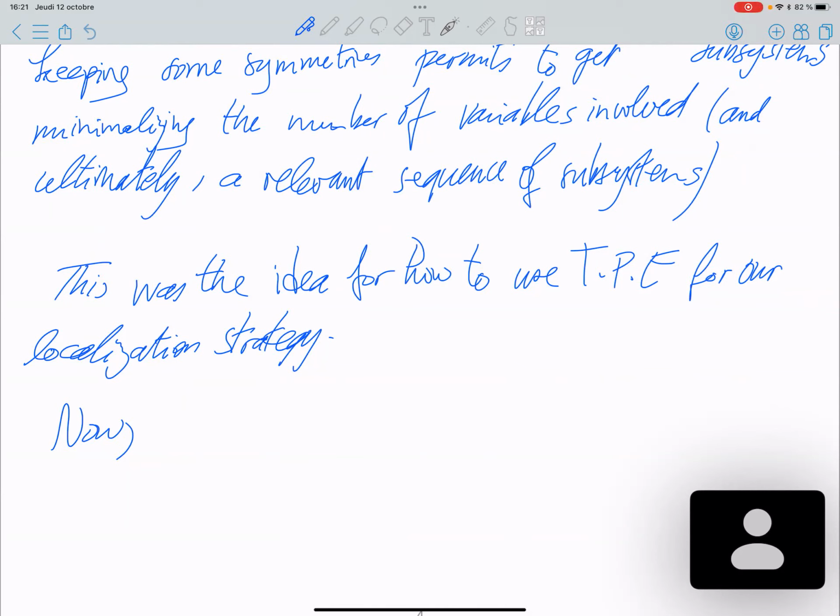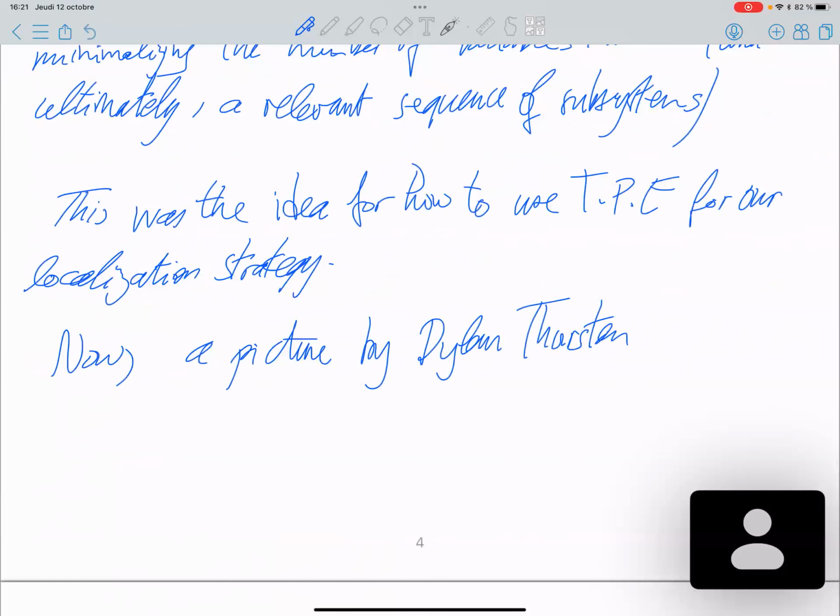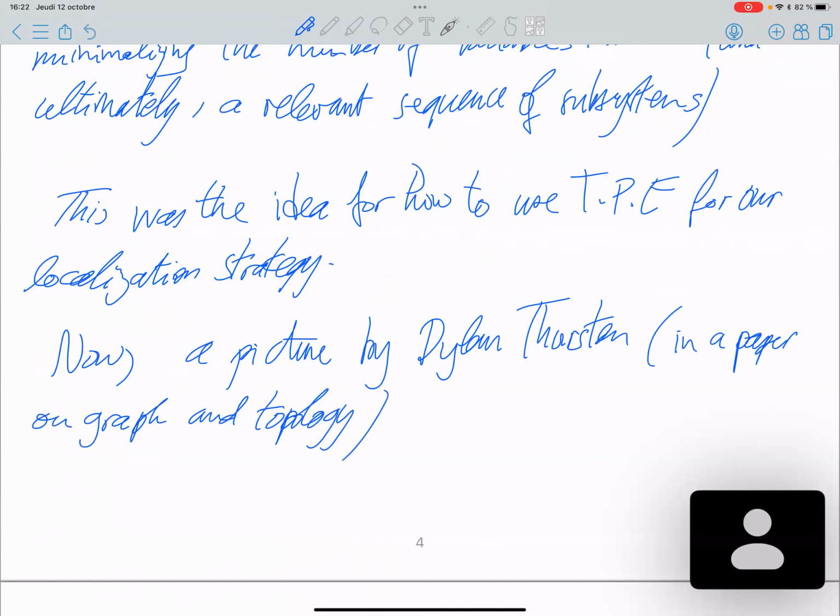But this picture contains the main idea of the proof. So now a picture by Dylan Thurston, which is in a paper on graph and topology, a paper published in the journal of some topology, I don't remember.